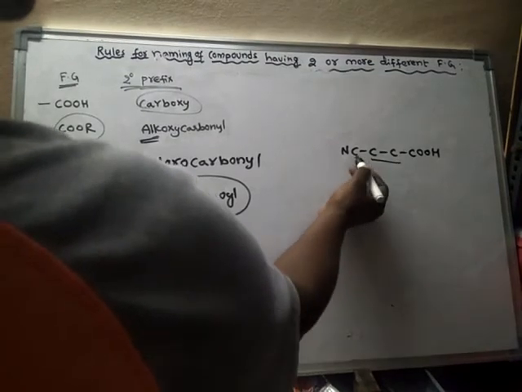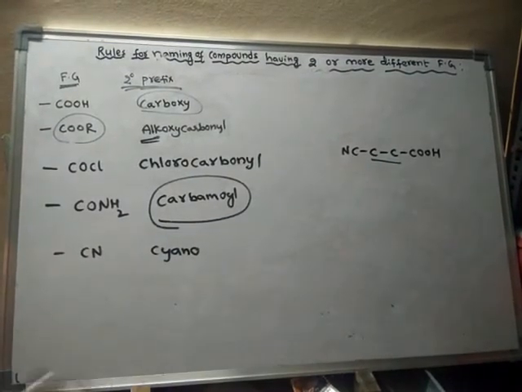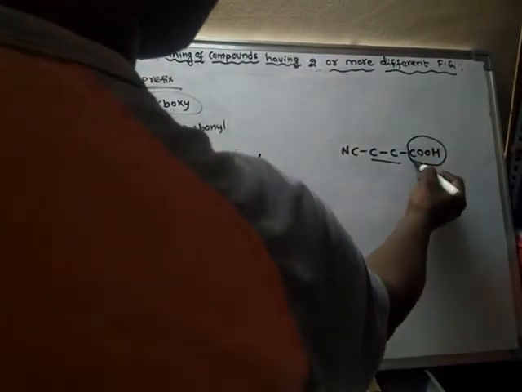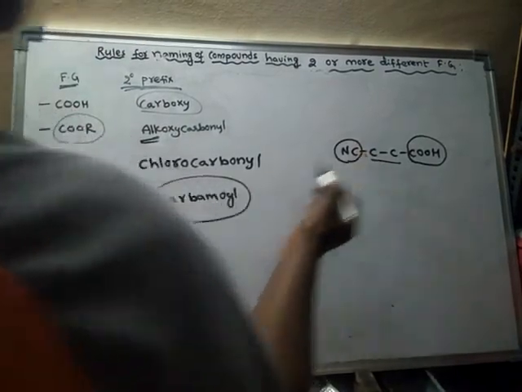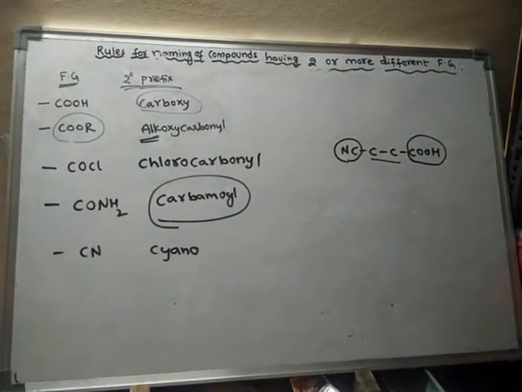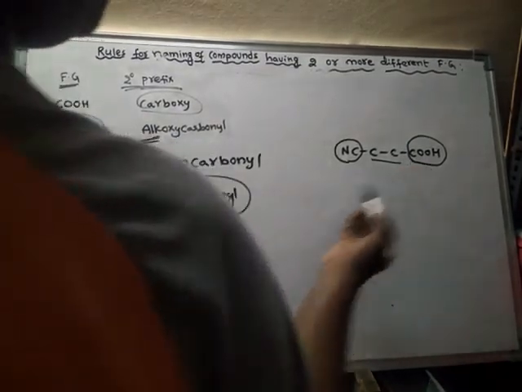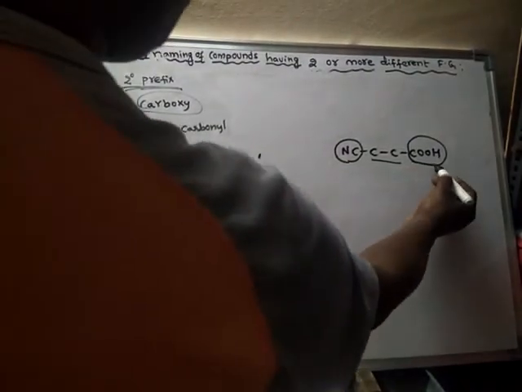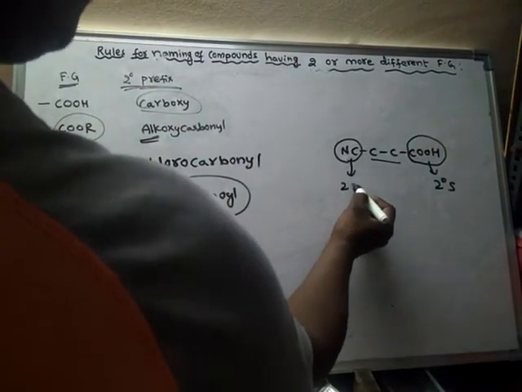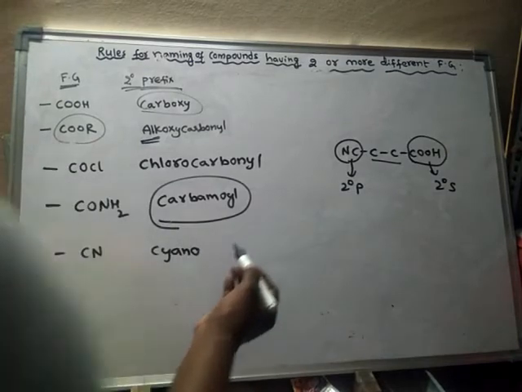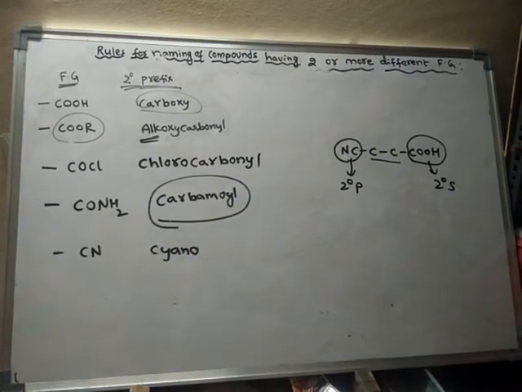Okay, so CN. Here carboxylic acid is one functional group and cyanide is another functional group. Which functional group has more priority? This is the higher priority functional group. The higher priority functional group will always act as the secondary suffix and the others will act as secondary prefixes, because they will be treated as substituents.